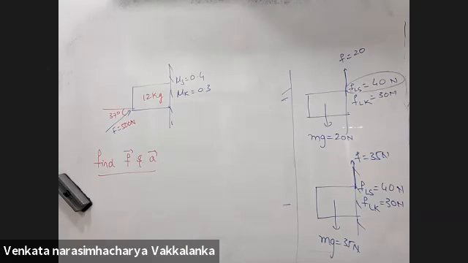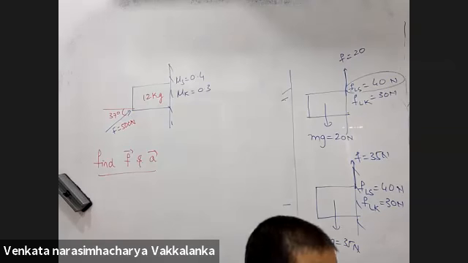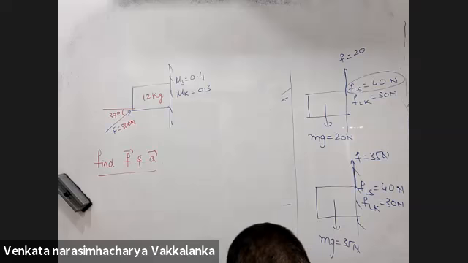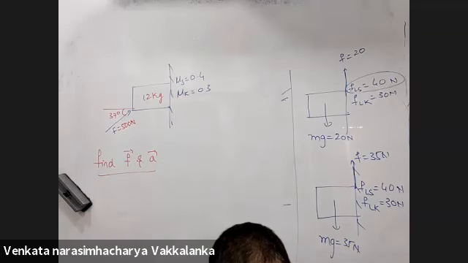Can you repeat the answer for acceleration? Acceleration is 5 meters per second square and frictional force is 120 Newton. Good.